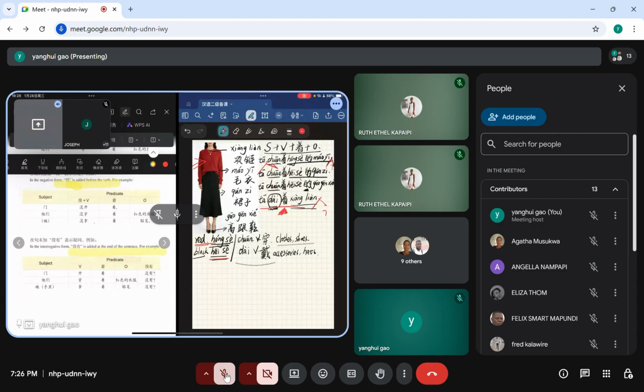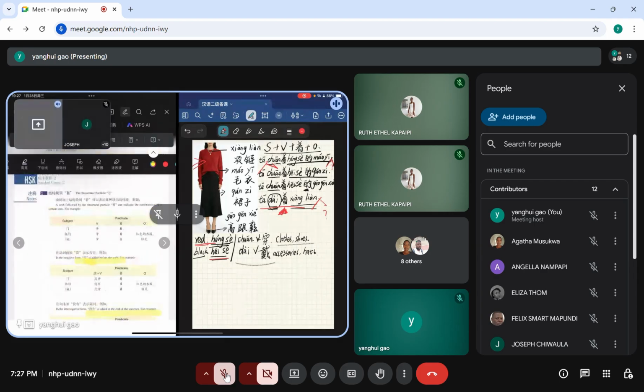Like the first one, 她穿着红色的毛衣, and then we turn it into the question: 她穿着红色的毛衣没有？Is she wearing the red sweater? Just like this. So that's the question form.